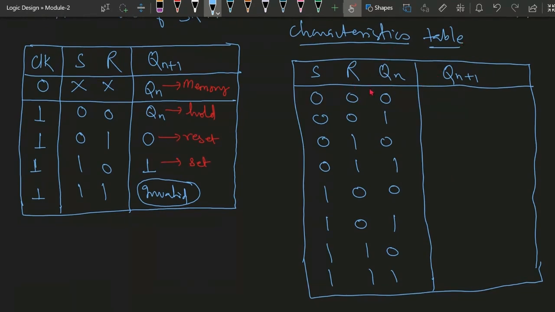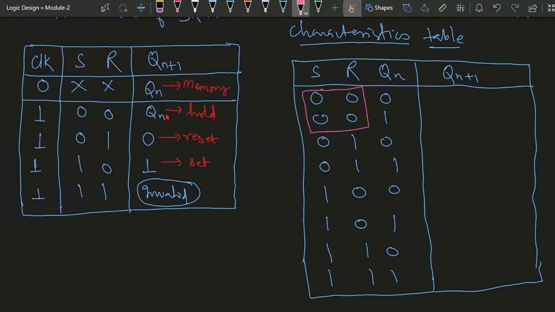Now we need to find out, for this input SR and this current state, what will be the next state. We can take the next state with respect to the truth table. Once we are having S and R both 0, the flip-flop holds the current state.